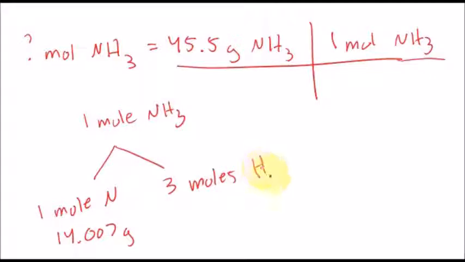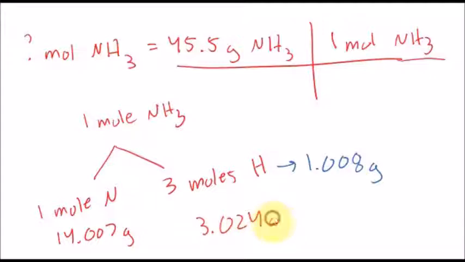The molar mass of hydrogen is 1.008 grams. 3 moles of that, we just multiply by 3, and we would get 3.024 grams. And then we can just add them together.